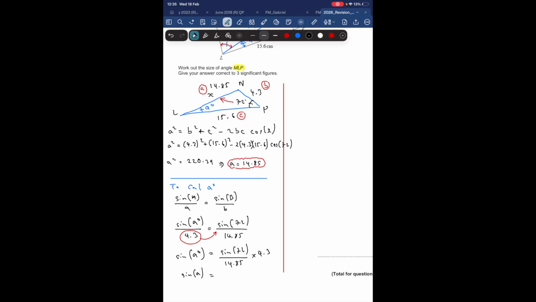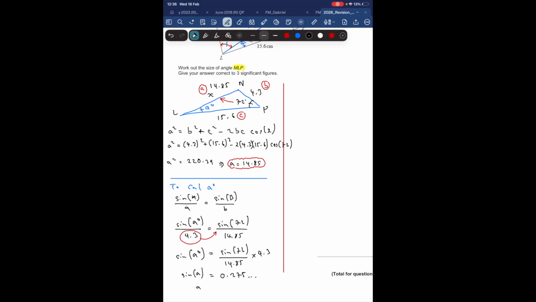Now, you're going to end up with a decimal, which is absolutely fine. I'm just putting the decimal to 3 decimal places, but don't delete this from your calculator screen. This is the value for sine A. So to get the actual angle, we need to do the opposite of sine.